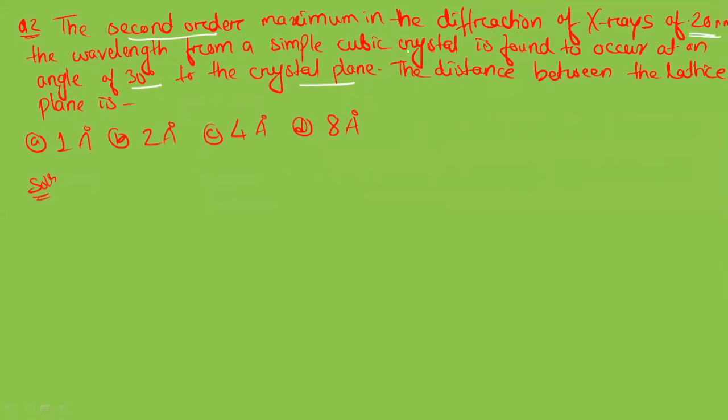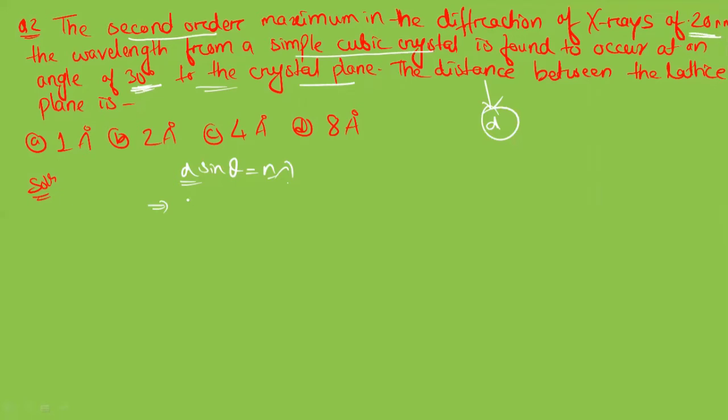It is for a simple cubic crystal, found to occur at an angle of 30 degrees with the crystal plane. You are just asked to calculate the distance. Distance means small d. So you know Bragg's law, 2d sin theta equals n lambda, where d is the distance, theta is the angle to the crystal plane, n is the order and lambda is the wavelength.